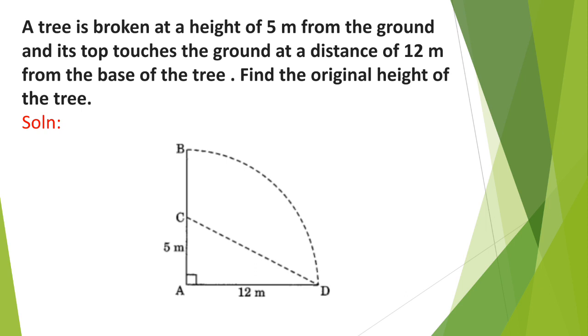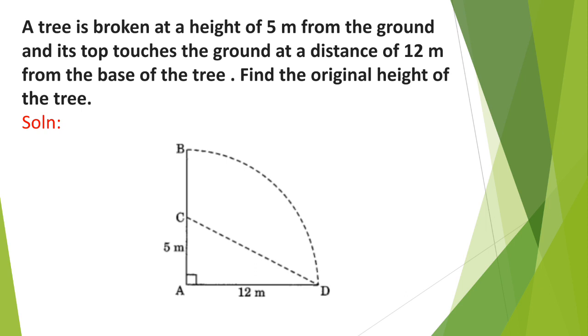Next, a tree is broken at a height of 5 meters from the ground. We are pointing the broken place as C. Next line, its top touches the ground at a distance of 12 meters from the base of the tree.